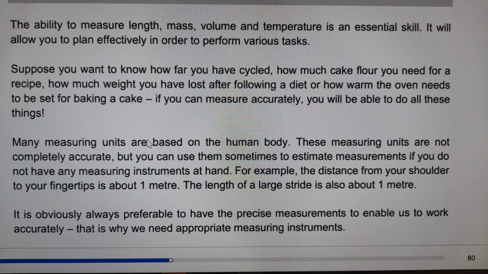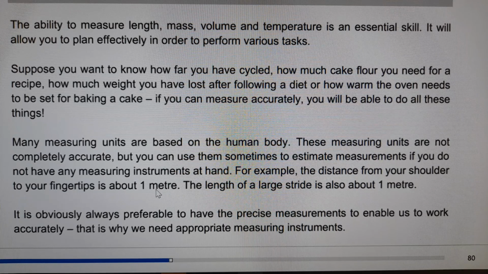Many measuring units are based on the human body. These measuring units are not completely accurate, but you can use them sometimes to estimate measurements if you do not have any measuring instrument at hand. For example, the distance from your shoulder to your fingertips is about 1 meter.